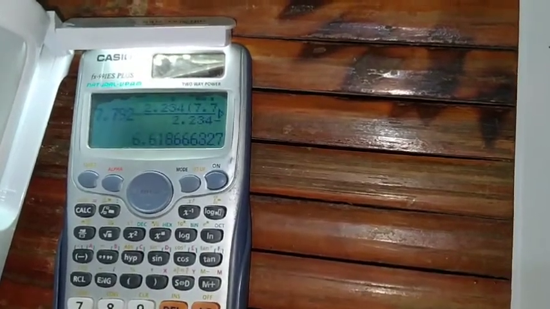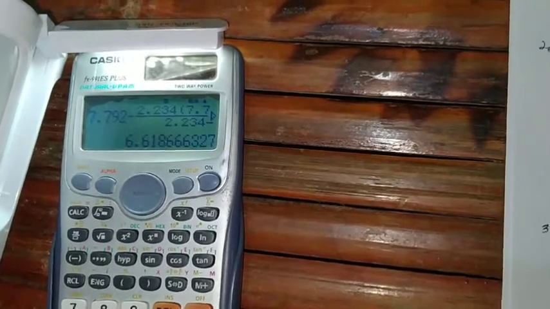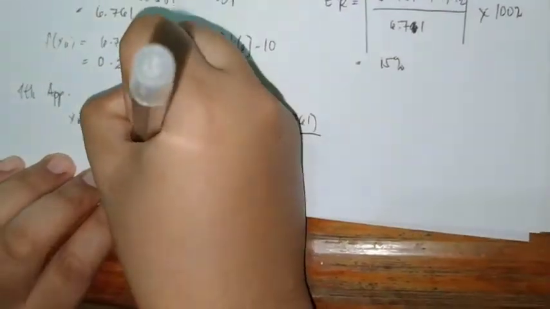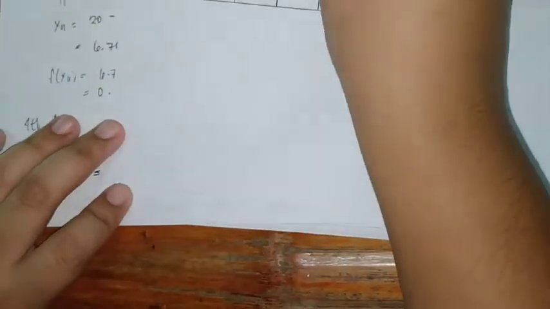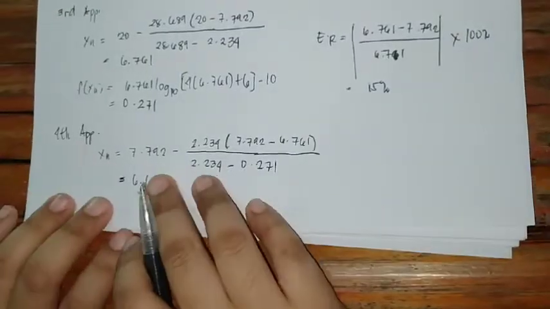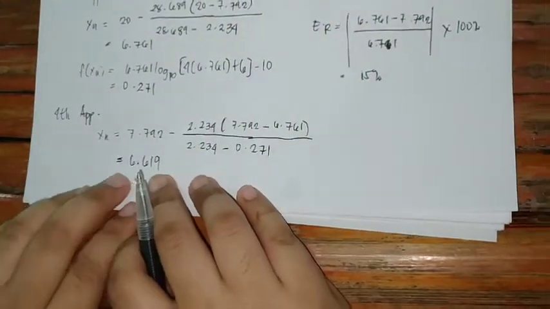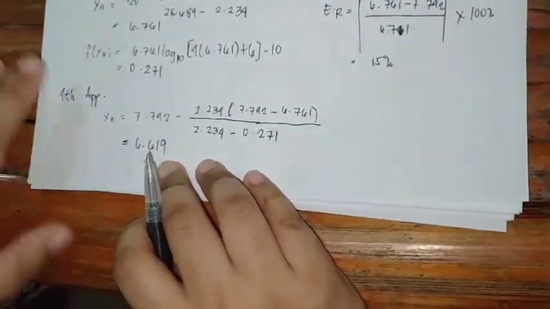So we have 6.619. Now, we're going to substitute the new value to the given example.